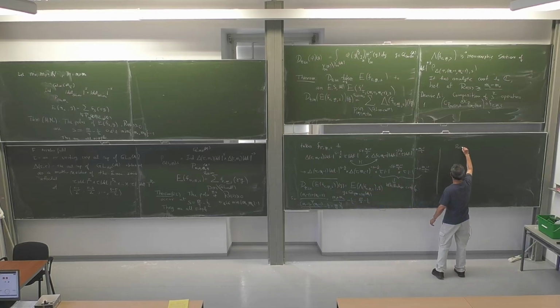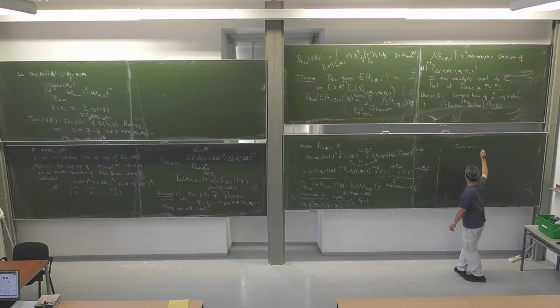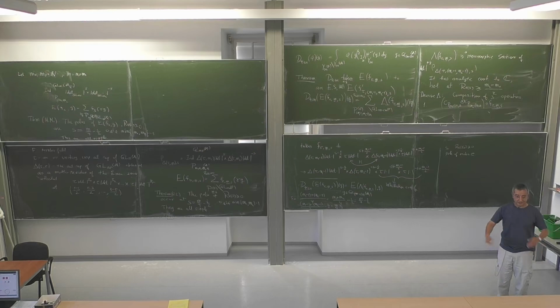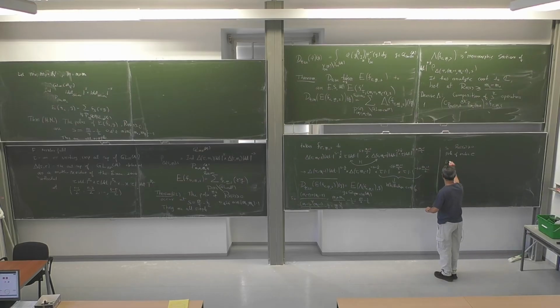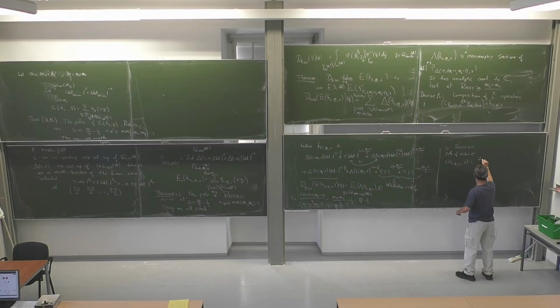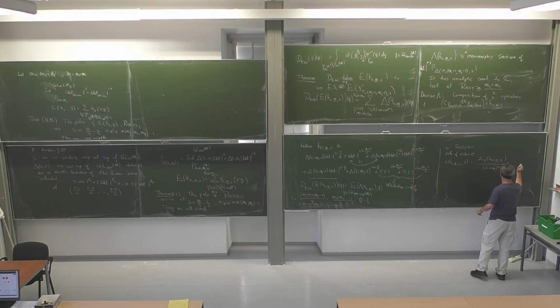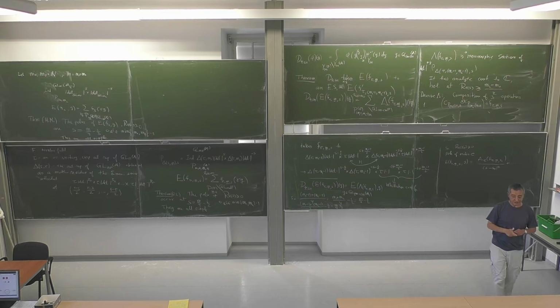So let S0 be a pole of some order E of the Eisenstein series. Take the Laurent expansion about this point, and consider the automorphic representation spanned by the leading term.